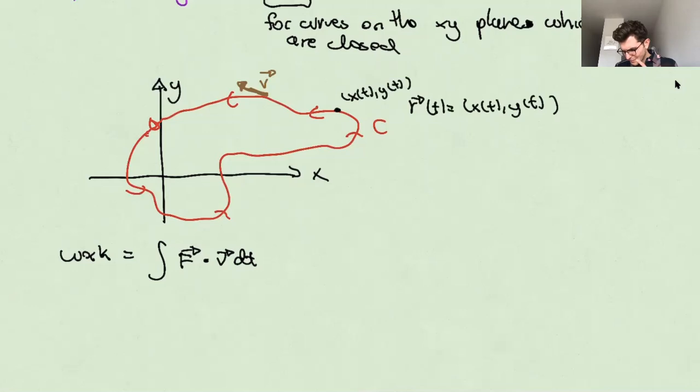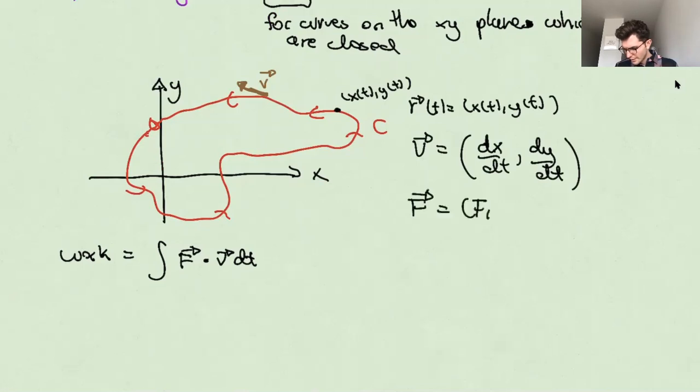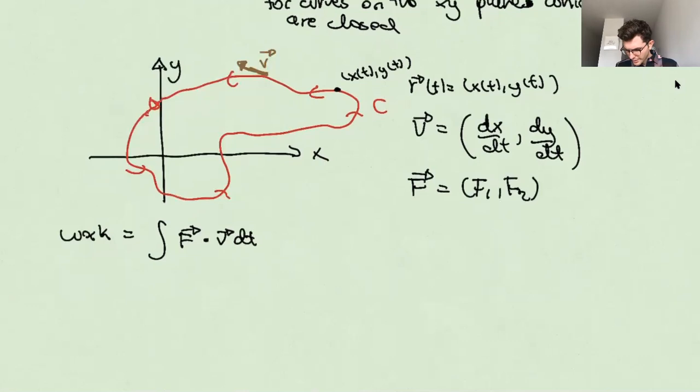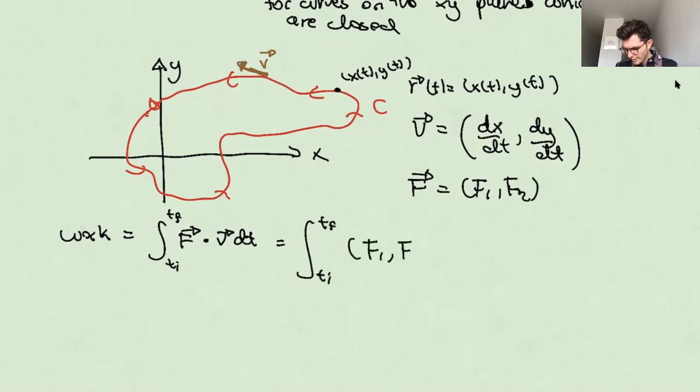And so the velocity vector is just dx dt, dy dt, okay? And so if you think of the force field F as just being F1 comma F2, then really this integral can be written as the dot product of F1 comma F2 dot dx dt, dy dt.